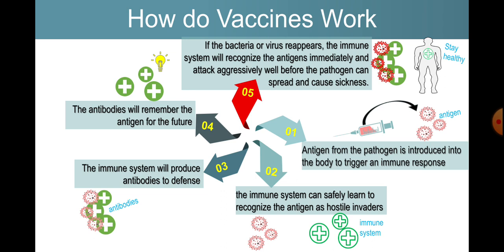For example, for this first step, you can show the picture of the injection and you make it detailed by showing that the injection contains the antigen of the pathogen. All of the steps, you describe it and you visualize it so that you can show the process easier to understand.